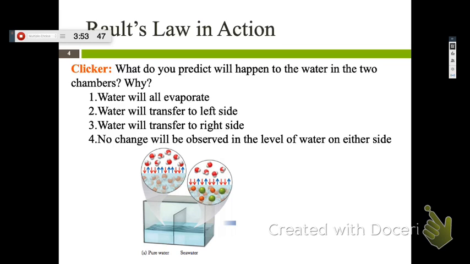I was thinking that the pure water was going to evaporate more quickly because seawater obviously has stuff in it. And so I was thinking that the water was going to move to the right side. Okay. And when you say evaporate more quickly, is there anything in the image that helps support that?